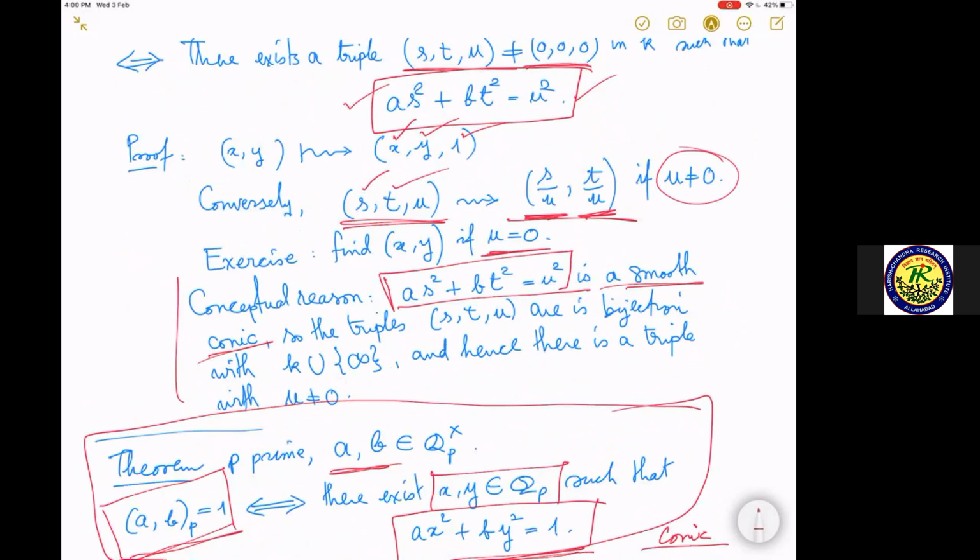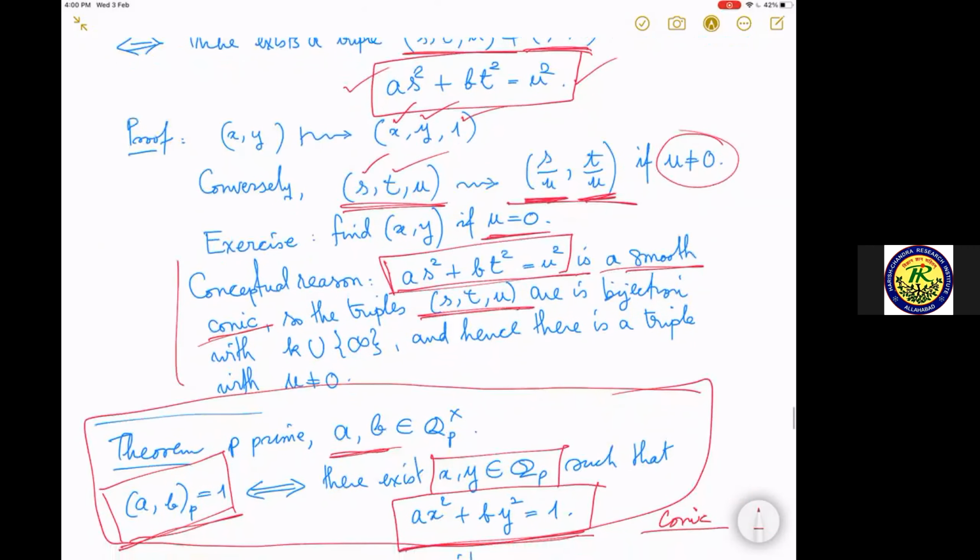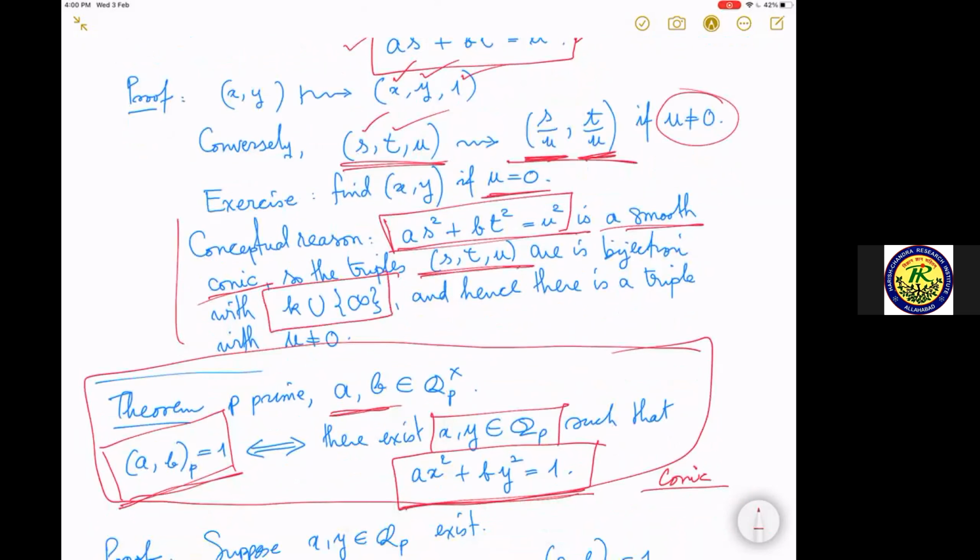And so the solutions s, t, u of this conic satisfying this equation are in bijection with K union a point called infinity. And therefore, there has to be a point with u different from 0. Because how many points can there be with u equal to 0? I mean, there can be at most 4 points, right?